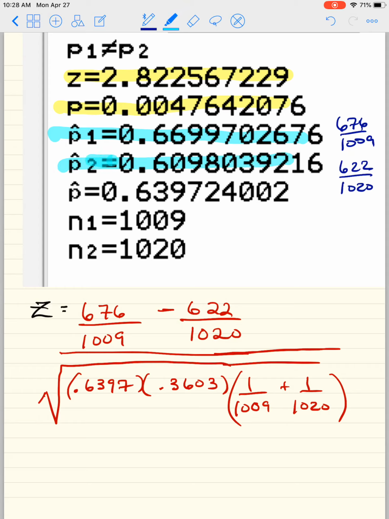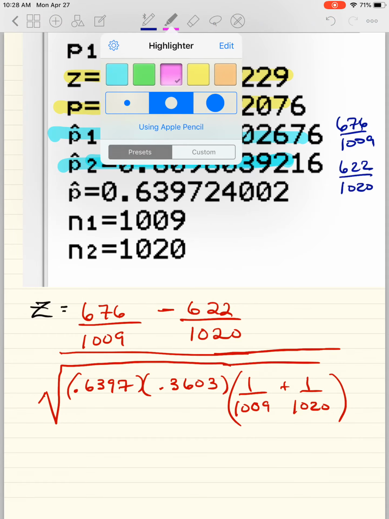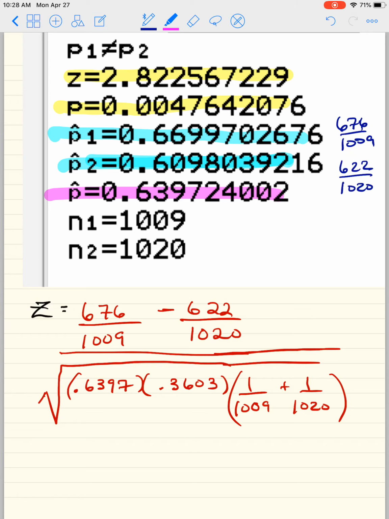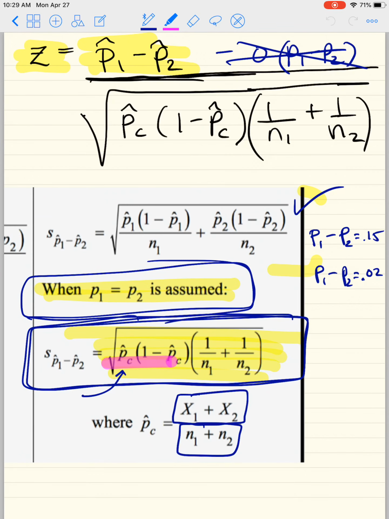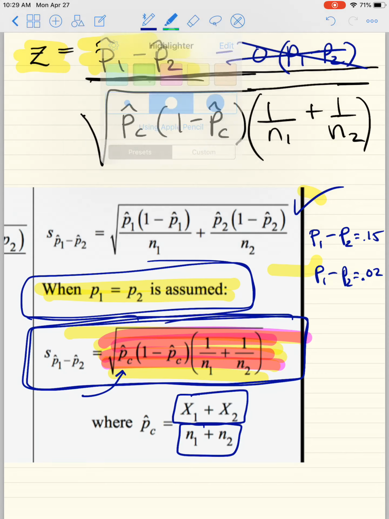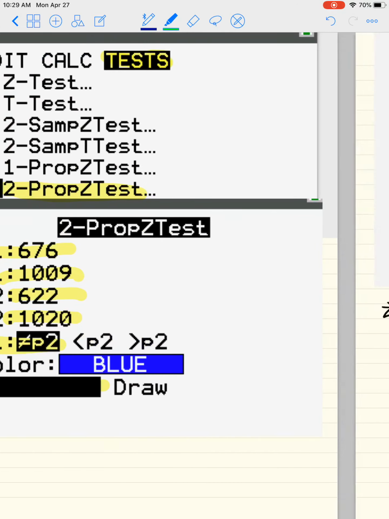And if I took p hat 2 and divided it, I would get this number. This number here, 0.6397, is this here. So the 0.6397 is going to be just this guy there. 1 minus that number would be there. 1 over n1, 1 over n2.